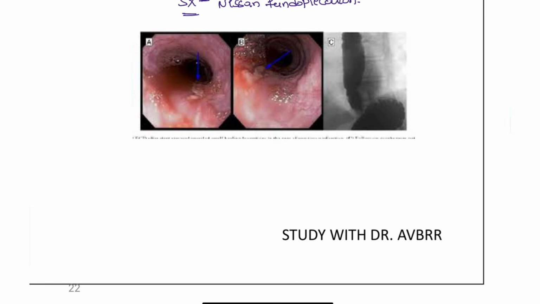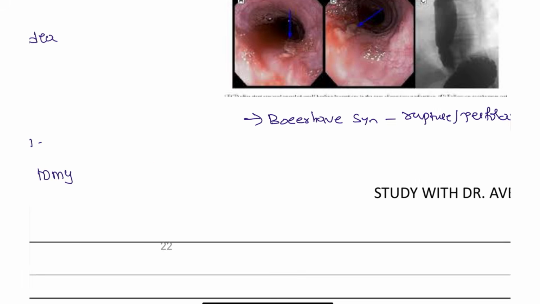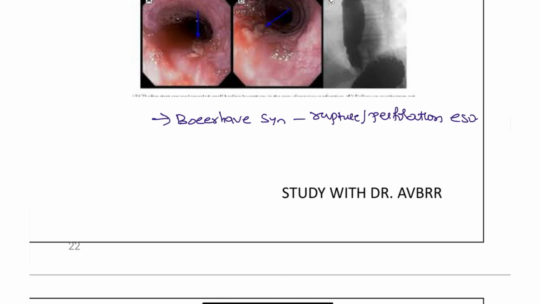Next, another picture that you can see here, this is Boerhaave syndrome. What is Boerhaave syndrome? There is a rupture or perforation of the esophagus, seen in alcoholics or binge vomiting patients.